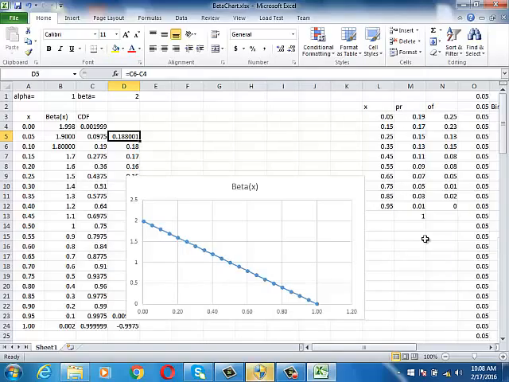That's very important. So now the beta density is the density in which I have these 10 outcomes.